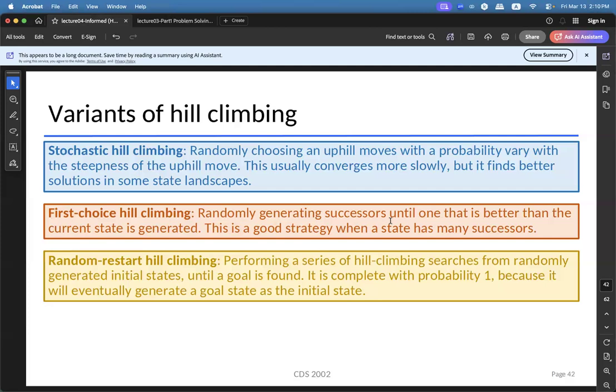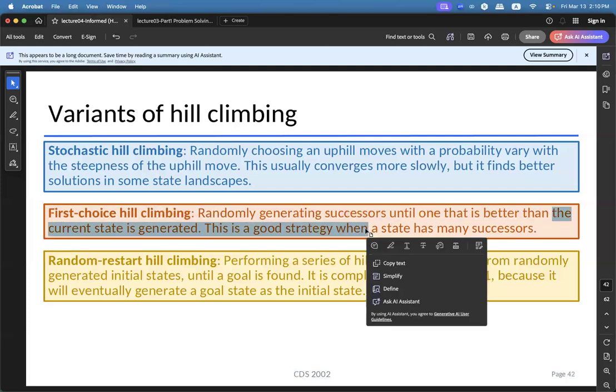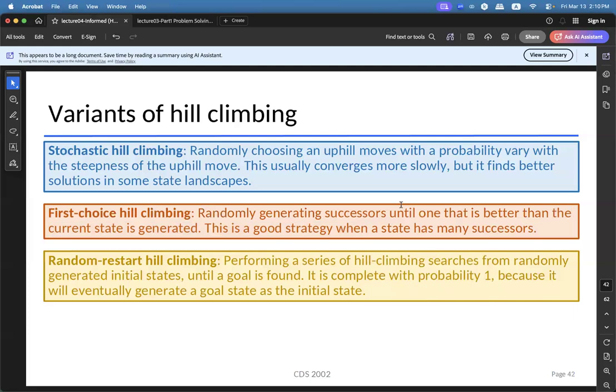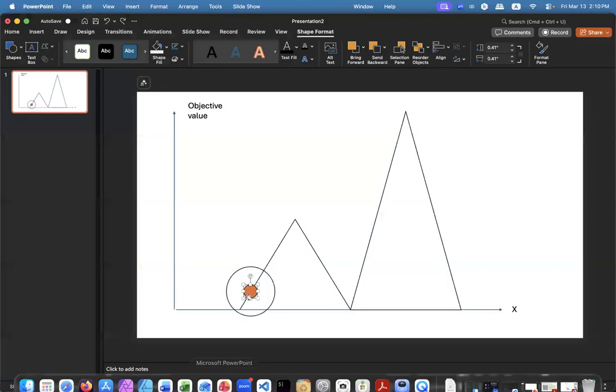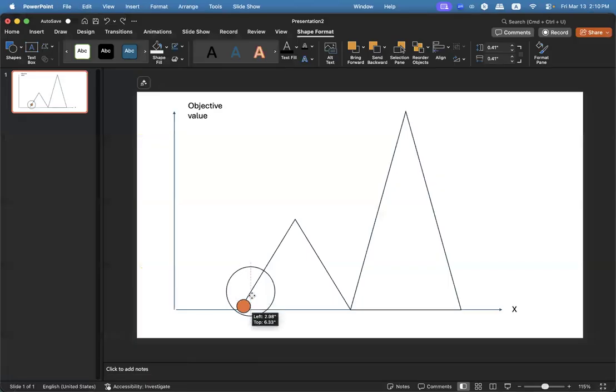The second one is similar to the first one, but quite different. Over a bunch of actions I can do, I randomly draw one until I get one that can make me move up. For example, by random chance I may move here, I move here, but now suddenly a movement makes me move up here, so I will take this one.